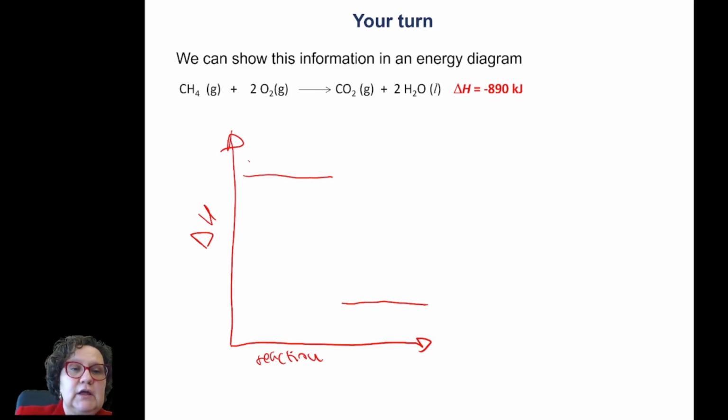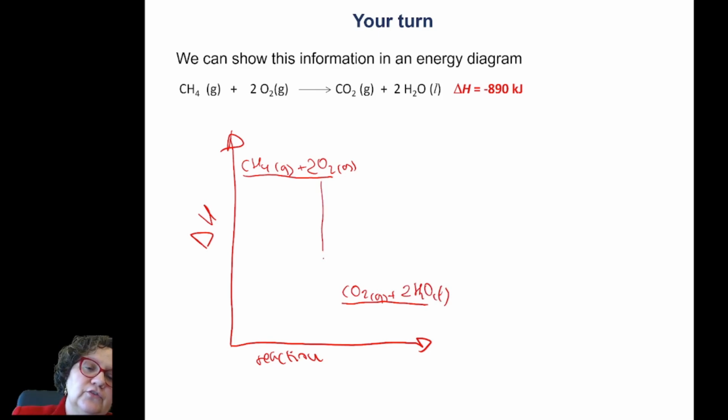So then I draw the reagents here, and I put the quantities and the state, and I put here the products, CO2 in gas form and 2 moles of water liquid, and this difference in enthalpy is minus 890 kilojoules.